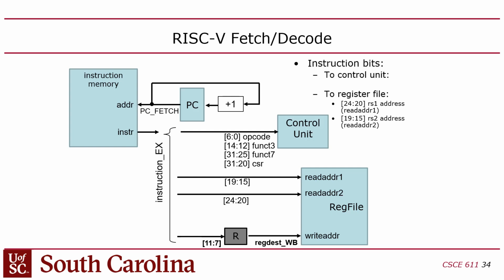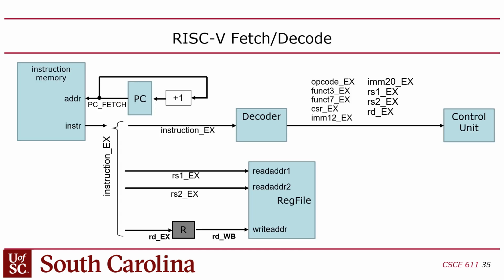Now this is something else that my former student, who was a stickler for coding style, was really into: creating a module that he called the decoder, which does nothing logically, hardware-wise, but it renames all of the fields of the instruction.